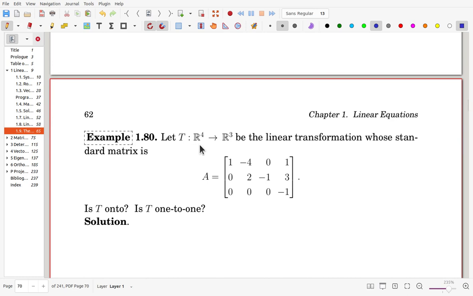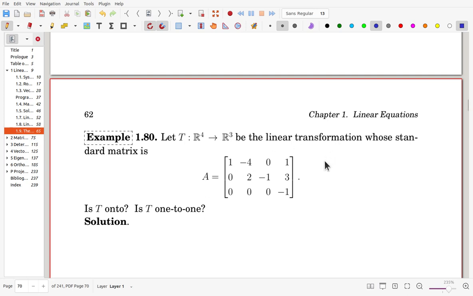T from R4 to R3 is the linear transformation whose standard matrix is given in this way. So we have to see if it is one-to-one or onto. It's quite simple.